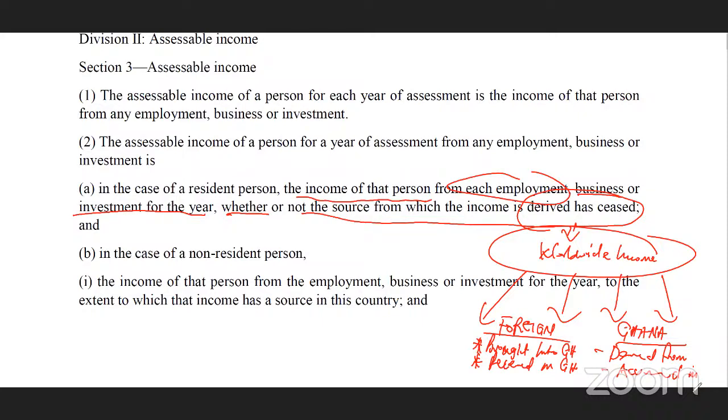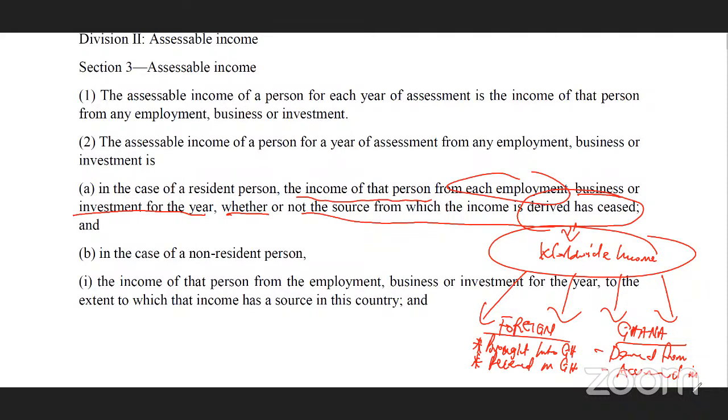Is that not so? So we are saying that, so far as you are a resident individual, resident company, resident partnership, resident trust, or a Ghanaian permanent establishment, any income connected with your business is subject to tax in Ghana. Do you get the rule?